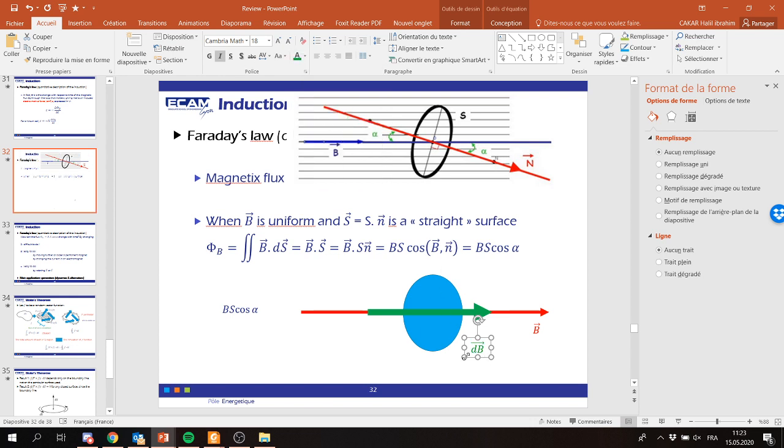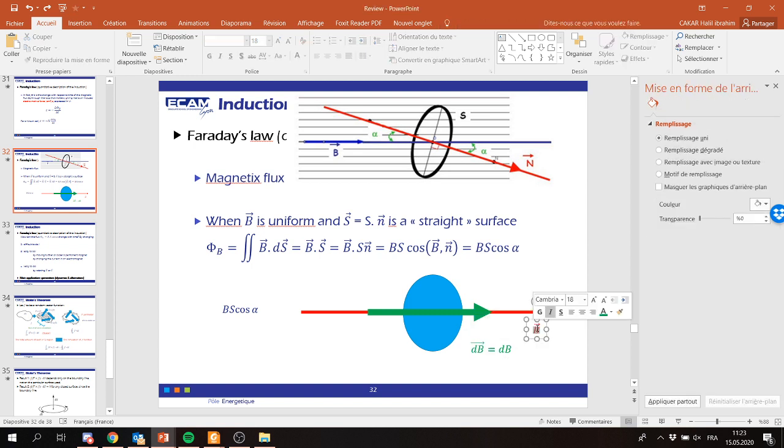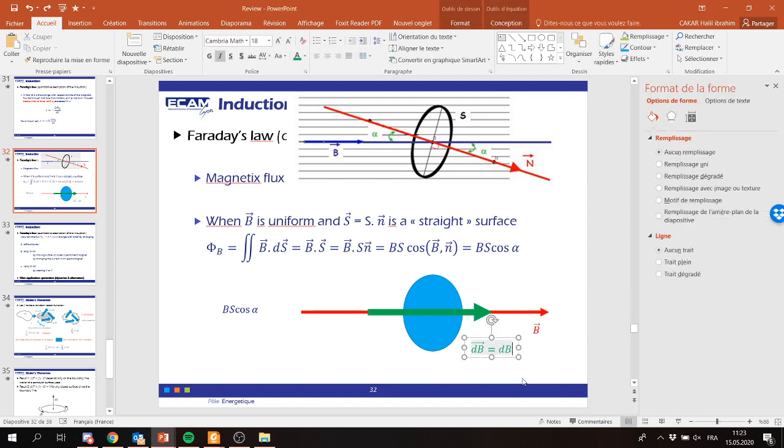The value of the normal vector will be the total area multiplied by the unit vector. As I said several times, this is the unit vector, my dear friends. Excuse me, it's time consuming, but we have to do it.